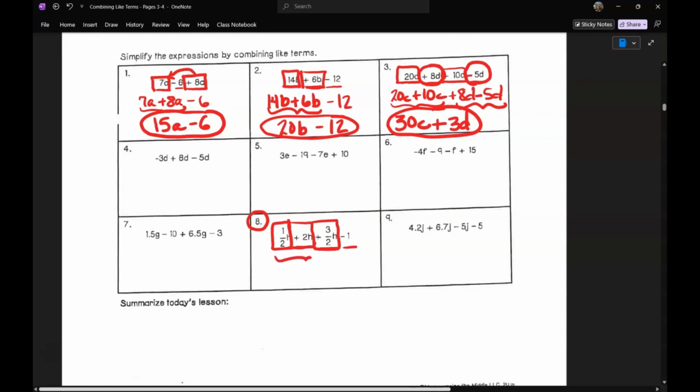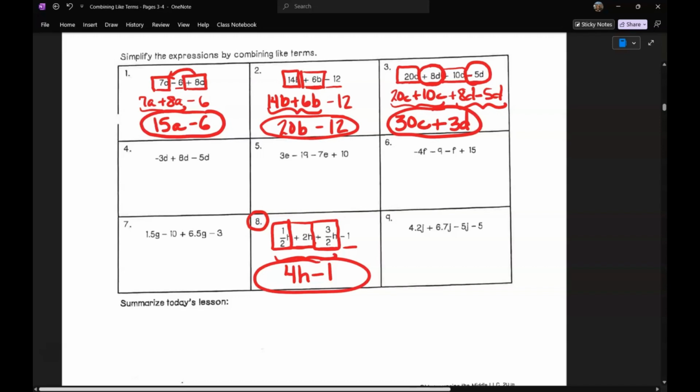Let's put those together. 1/2 plus 2 plus 3/2. Well, that's going to be 2.5 plus 1.5 more is going to be 4. So that's 4 H's. You guys can start using your calculators again. That'd be fine. The -1, it doesn't have any variables, so it just gets tagged on at the end, and that's all we can do with that one.